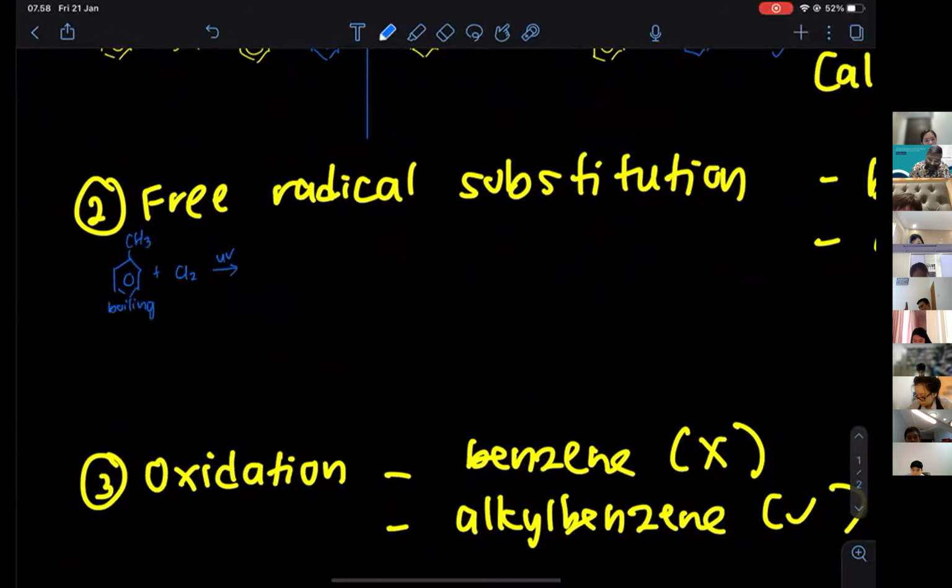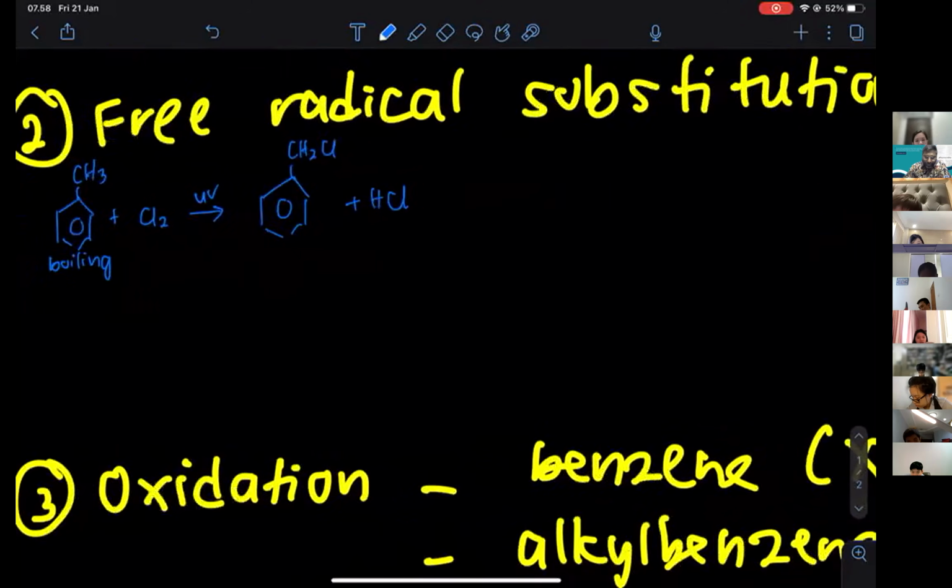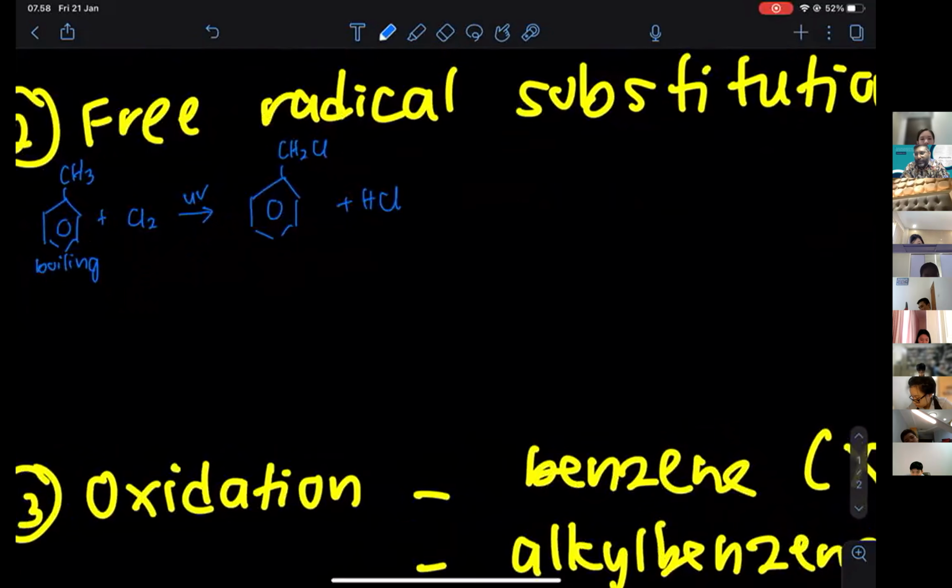Let's focus on single substitution first. So CH2Cl, then I have HCl. Now let's say they ask you to write down the mechanism of the reaction. This one repeats what we studied under alkanes, so they can ask you the mechanism of the reaction.